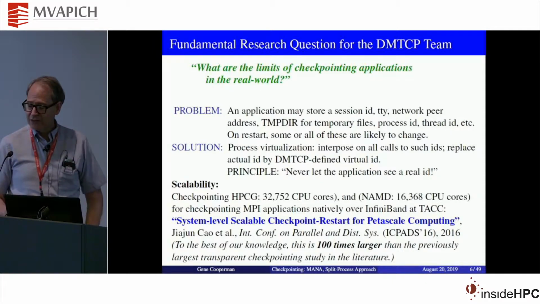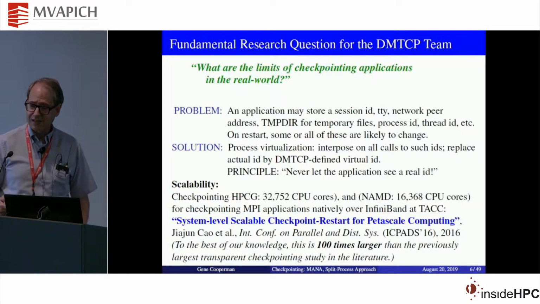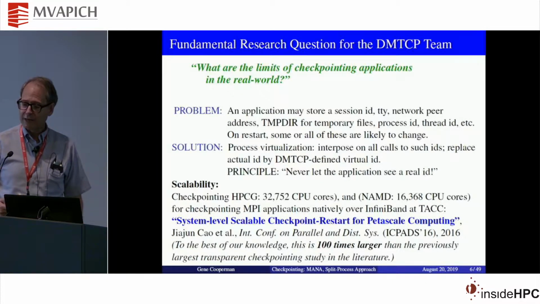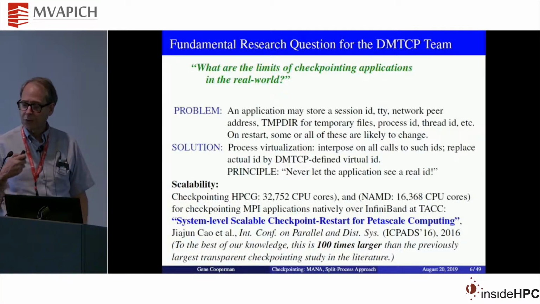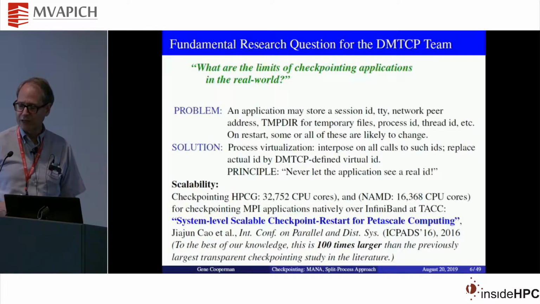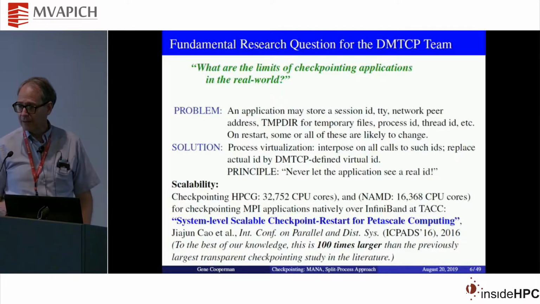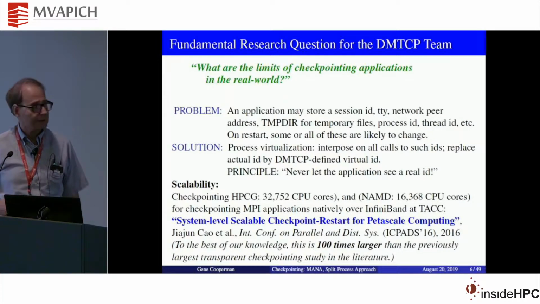For example, one of the very simplest things is these CPU accelerators are becoming more common, such as GPUs. How can you checkpoint GPUs? And as we'll see, if you want to do transparent checkpointing of GPUs, at this point we're sort of the only game in town in terms of doing it practically.